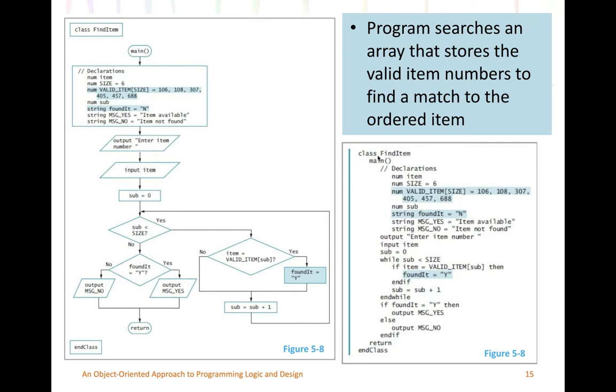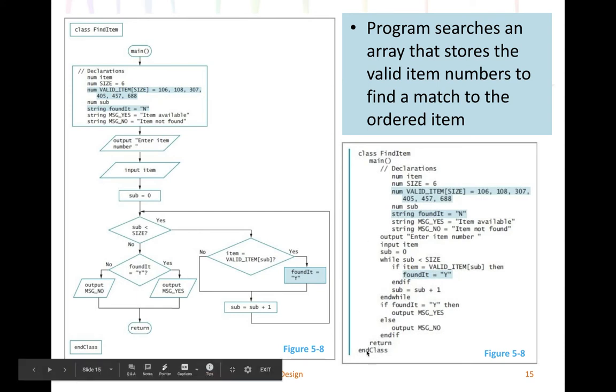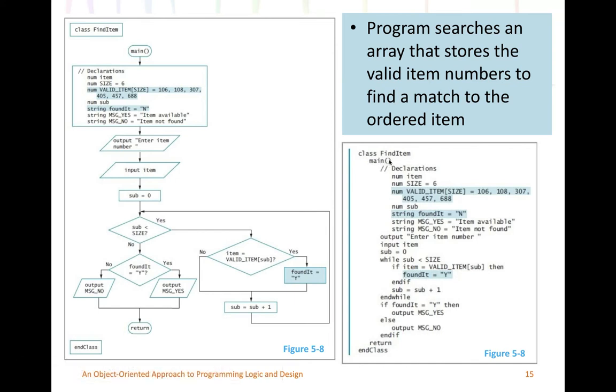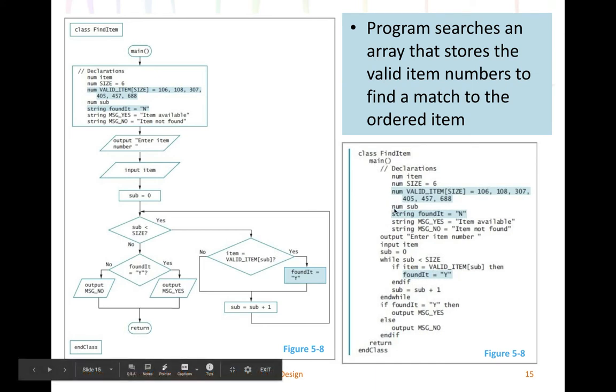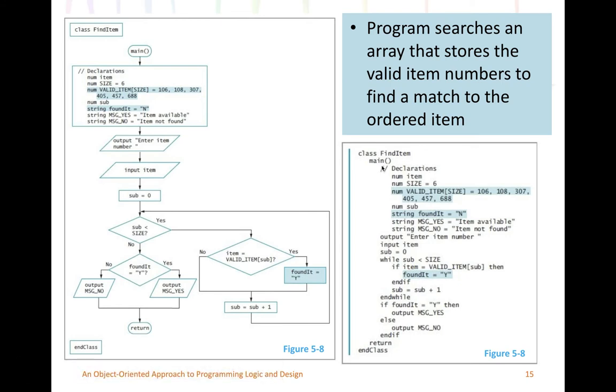So we have the class name, and this class has a method called main. They're putting all of their statements in the main method. Now, we usually don't write all of our statements in the main method. We write our statements in another class that's not the application or main class. But let's just go with what they did here.